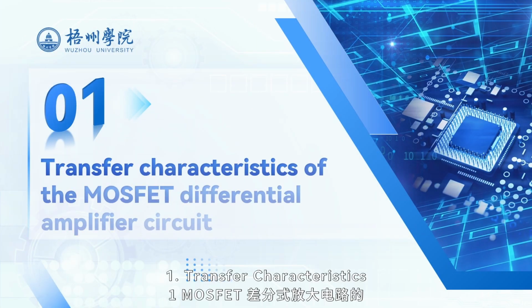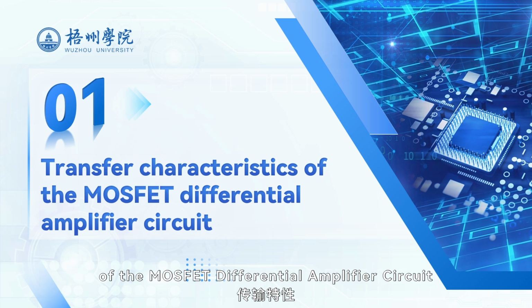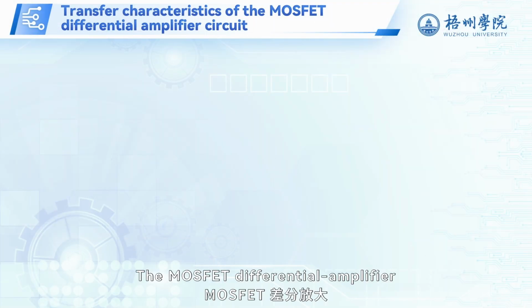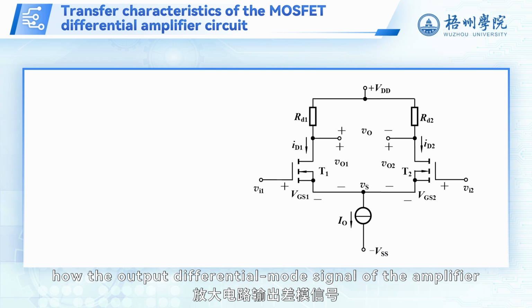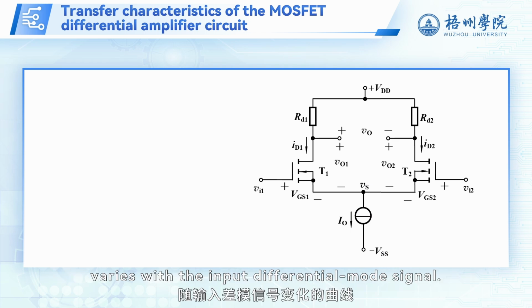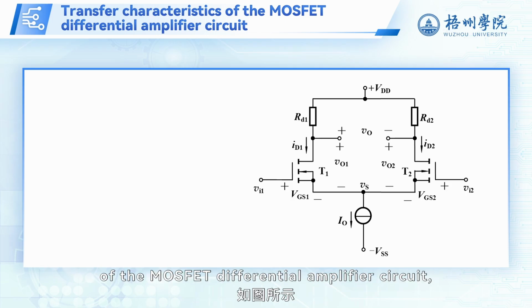1. Transfer characteristics of the MOSFET differential amplifier circuit. The MOSFET differential amplifier transfer characteristic curve is a curve showing how the output differential mode signal of the amplifier varies with the input differential mode signal, as shown in the figure of the MOSFET differential amplifier circuit.